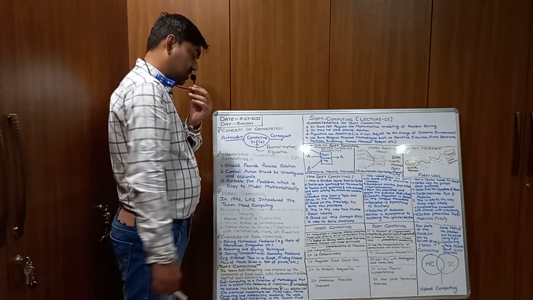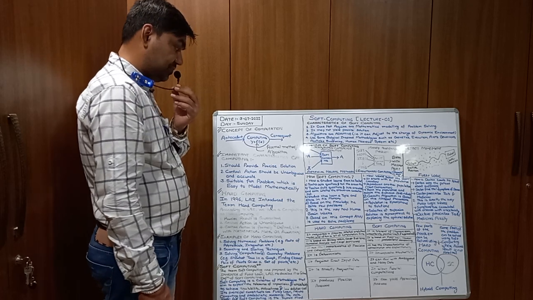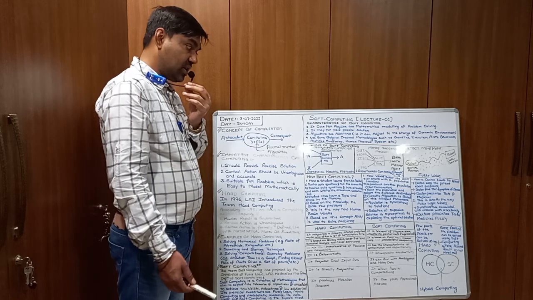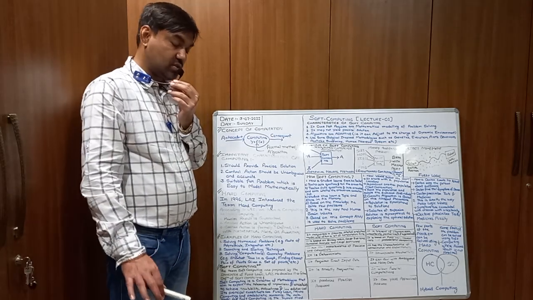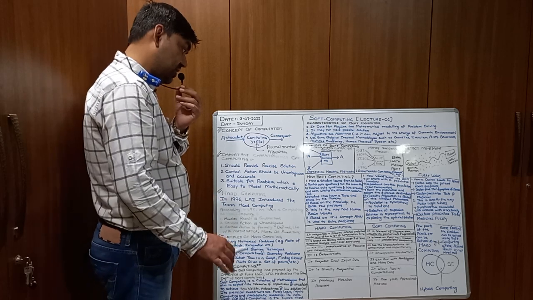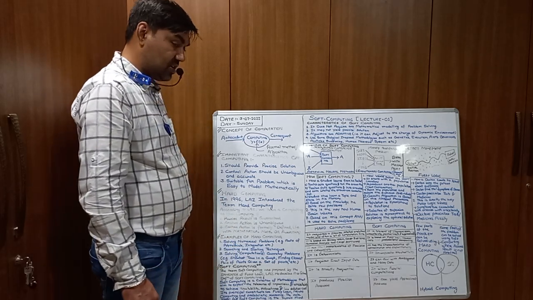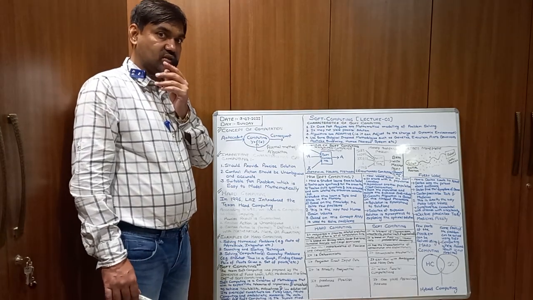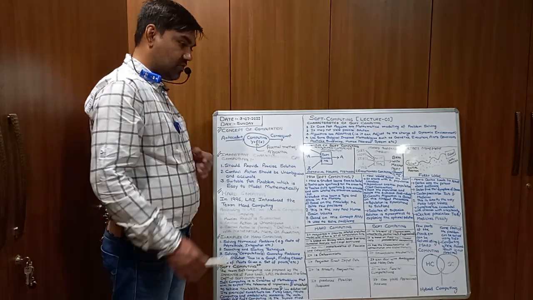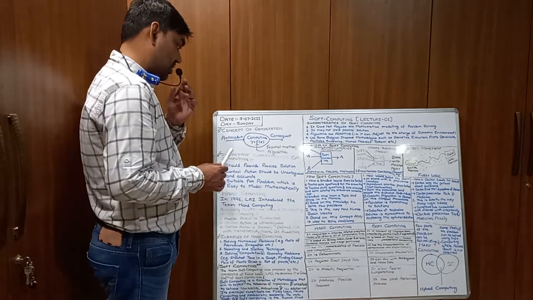He gave this in the year 1996. According to him, we can term a computing as hard computing if it comprises three major things. The first thing, that a precise result is guaranteed. It must give precise results. For an input, there should be a particular output.